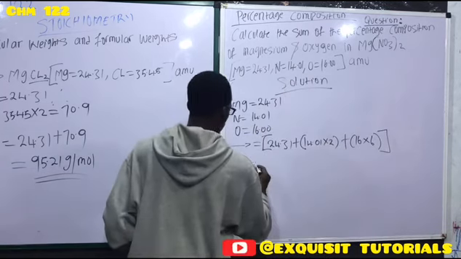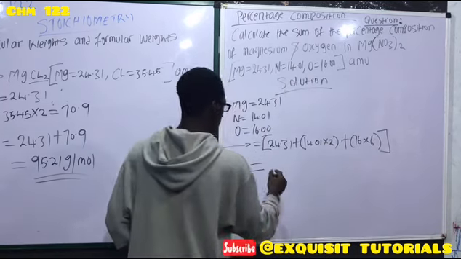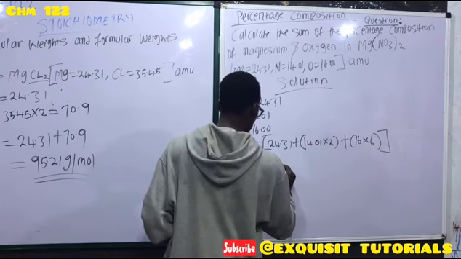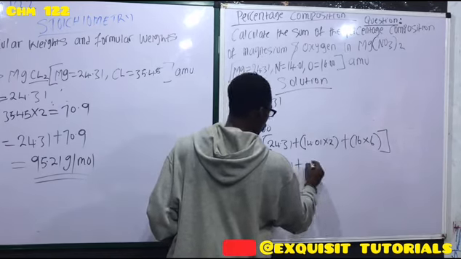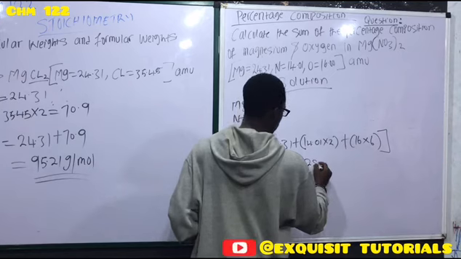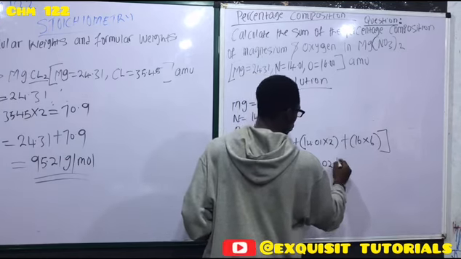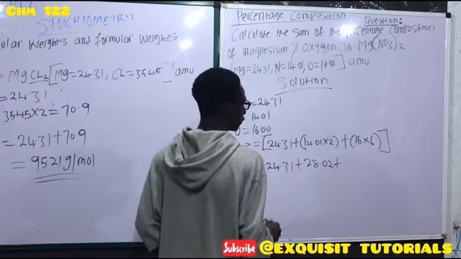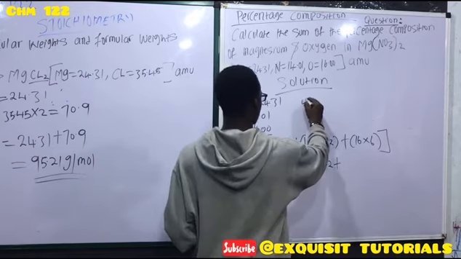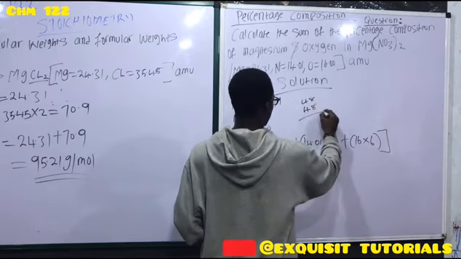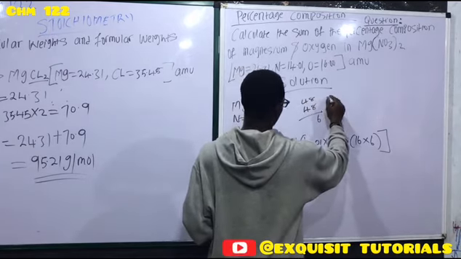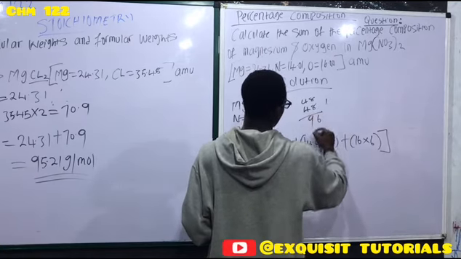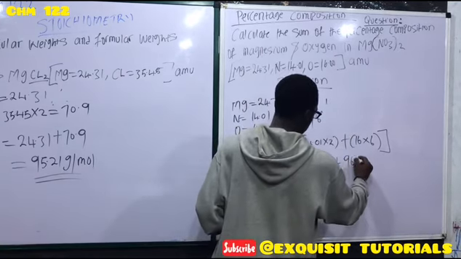Now, we are having 24.31 plus 28.02 plus 96.